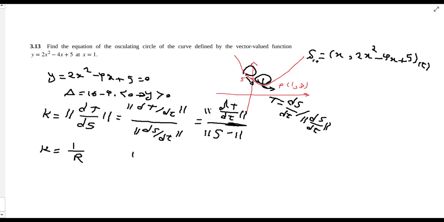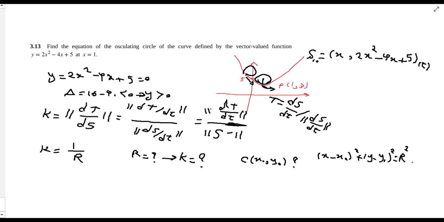So we want to know the curvature. Then we also need the center of this circle, x0 and y0, in order to reach the equation of the circle. So the radius is 1 over the norm of kappa.